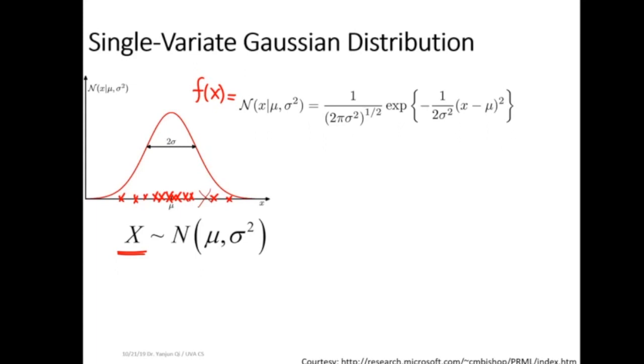If I'm doing the sampling from this distribution, the majority of those samples are located around that position. And there are a much smaller number of possible samples close to the two tails, the left tail or the right tail.